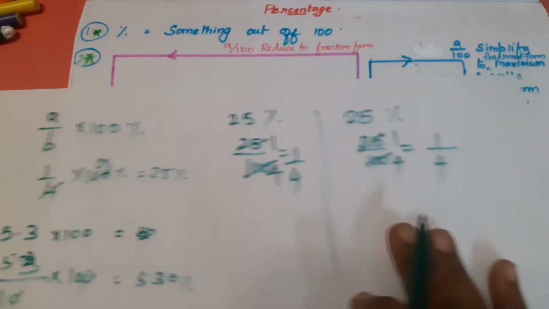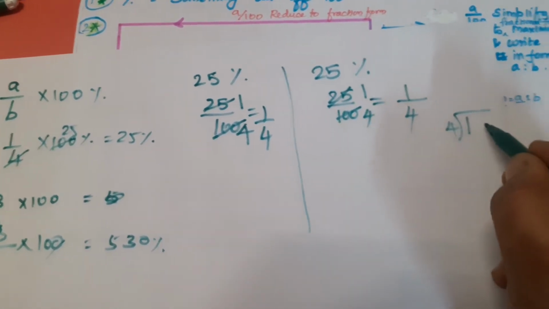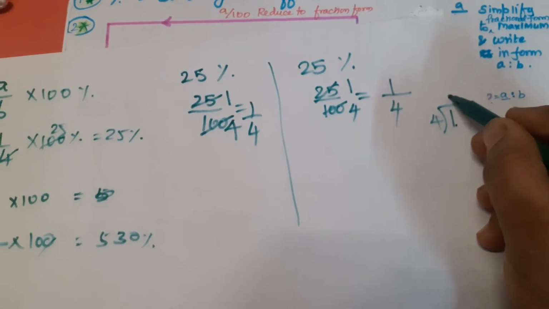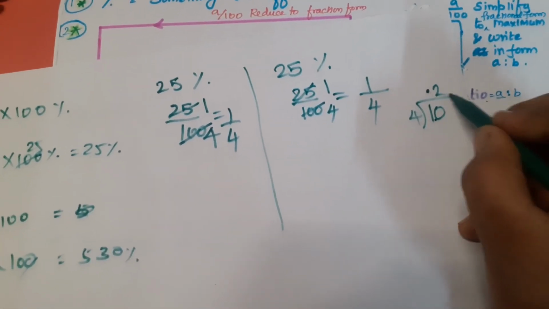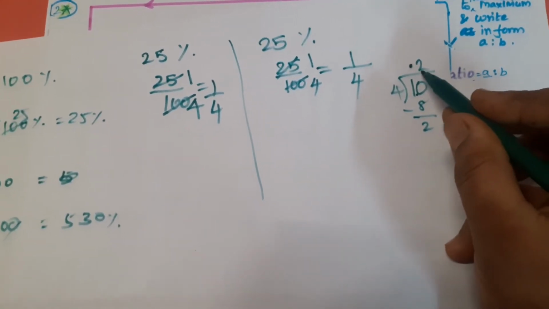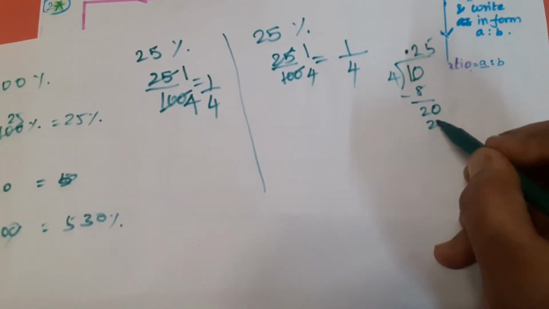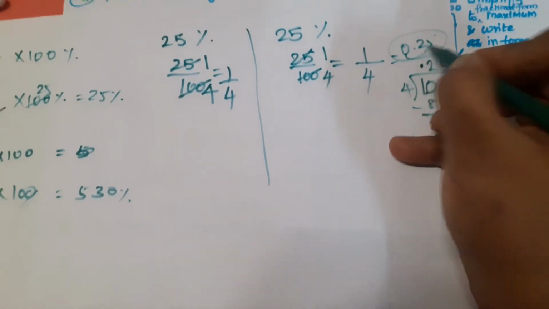Now it is 1 by 4. How can I write it as decimal? 1 divided by 4. Since it is not divisible, I will include the decimal point and supply 0. 2 4s are 8. Subtraction gives 2, and after the decimal I can always supply a 0. 5 4s are 20. So the same 1 by 4 is represented as 0.25 in decimal form.